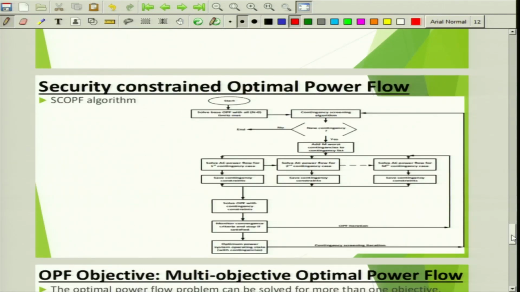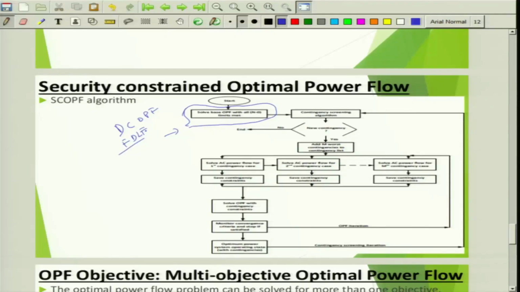So, in this flow chart, I will try to explain the overall algorithm. First, solve the base OPF with all limits met. This represents either DC OPF or fast decoupled load flow analysis, FDLF, because if you remember, in the last class we were trying to shortlist the most critical outages, the contingency cases.